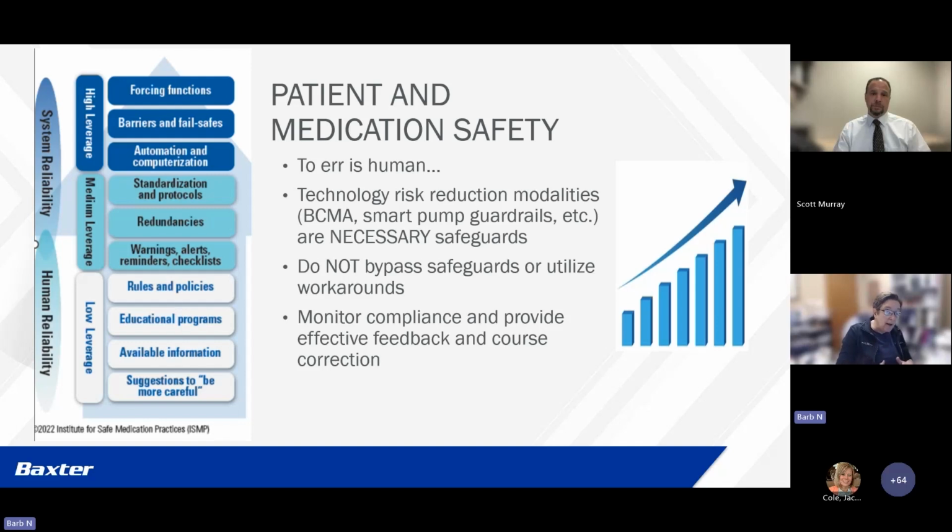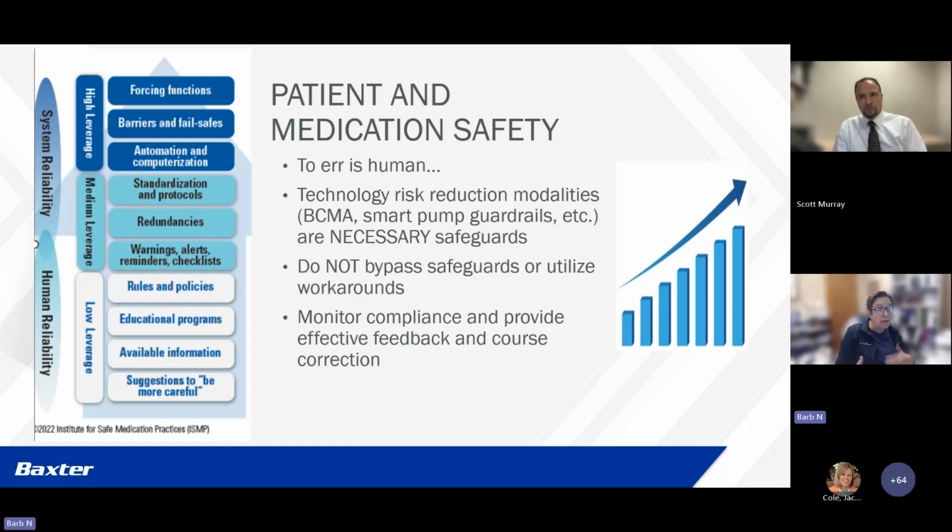And then not allowing folks to bypass them, really setting up accountability between pharmacy and nursing leaders to say, here's our goal for pump library use, and here's why. Here are some of the errors. That's what we did in our last competency: showed them some of the errors that were avoided by the guardrails in the pumps.